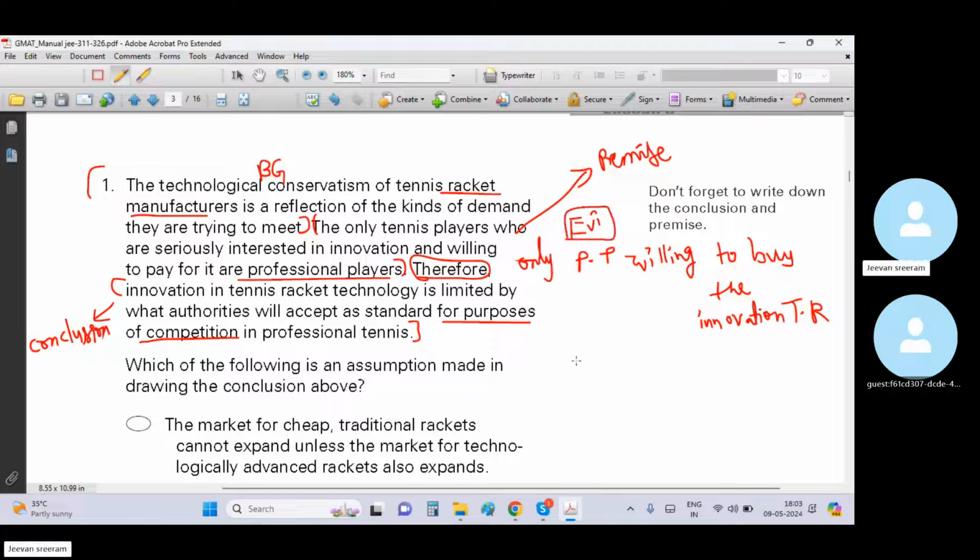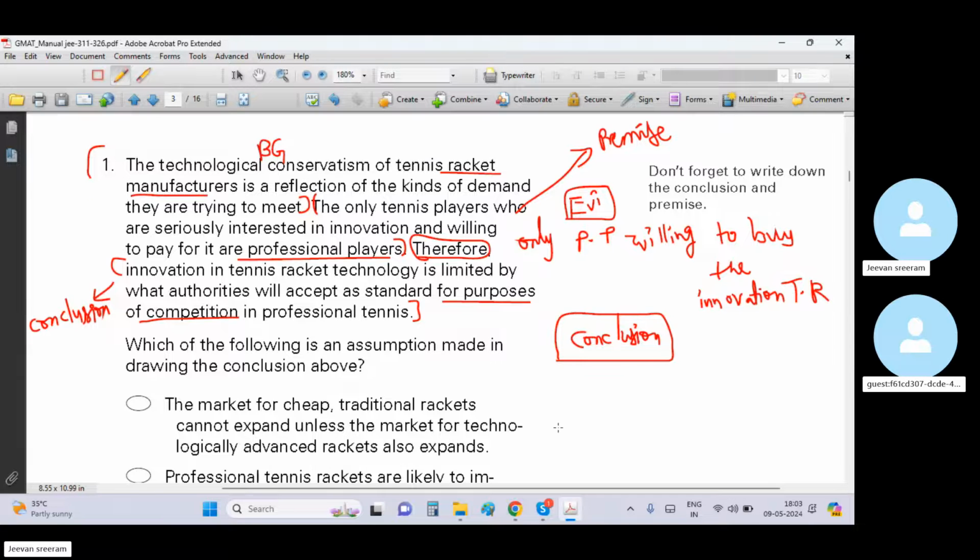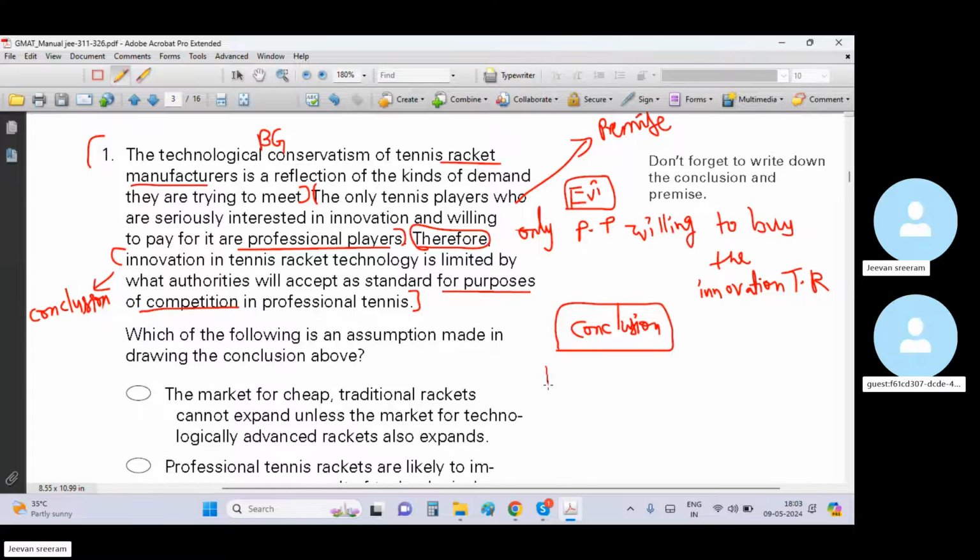Let me write the conclusion, and then we will find the assumption. An assumption is always unstated, buddy. It is an unstated fact, what the author believes as true but never says directly, only indirectly. The conclusion is this sentence.